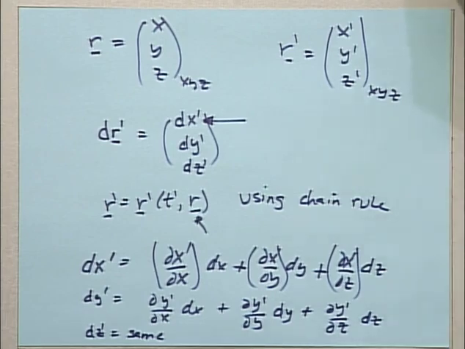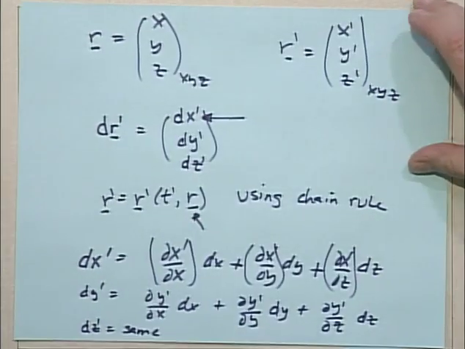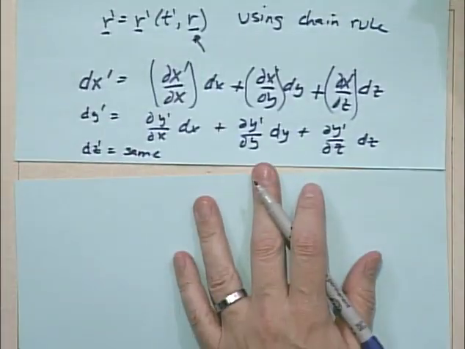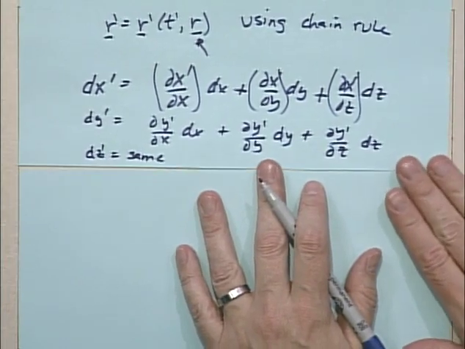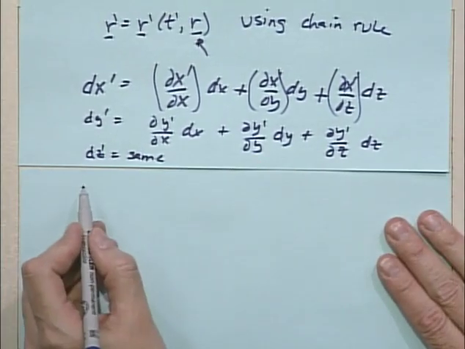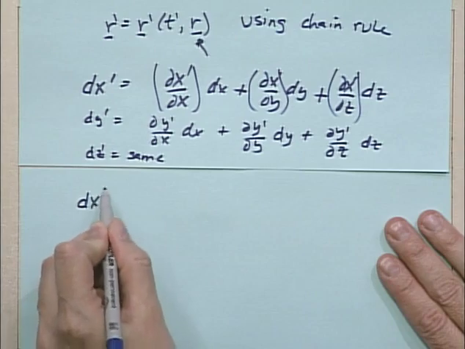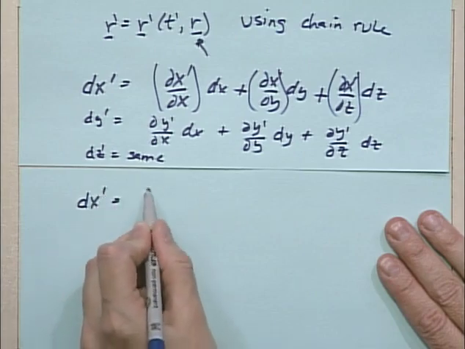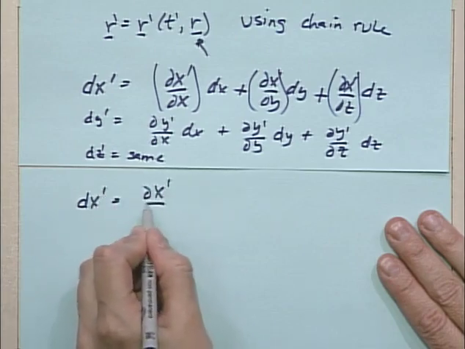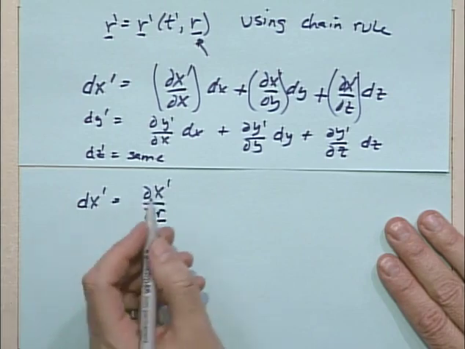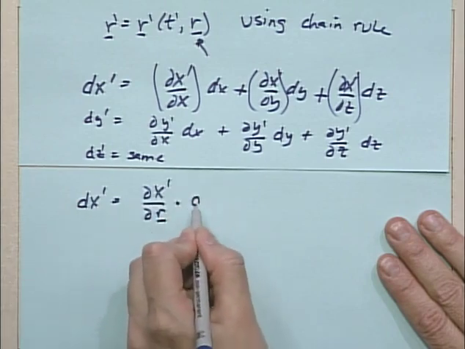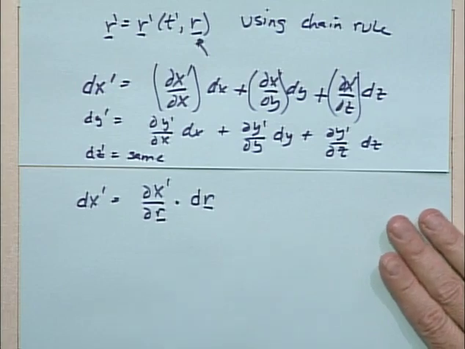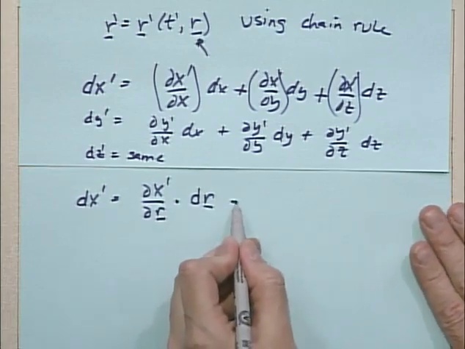Now we can be a little tricky with our Einstein notation here and write this a little bit more compactly. For instance, we can write dx prime equals partial x prime with respect to the vector r dotted with dr. Let's see if that's right.